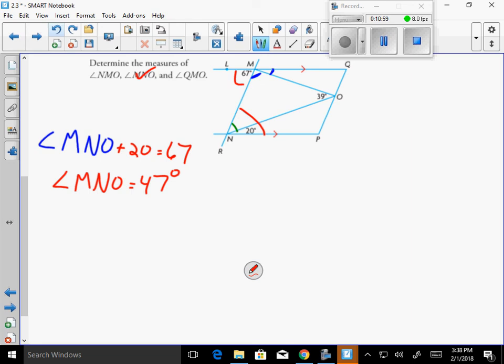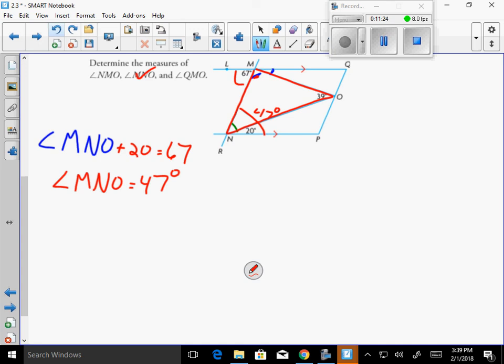Now let's look at NMO. So I know this is 47. So if I look here and I want angle NMO, this one in blue, I know that all three of these angles, because they form a nice little triangle, have to add up to 180.